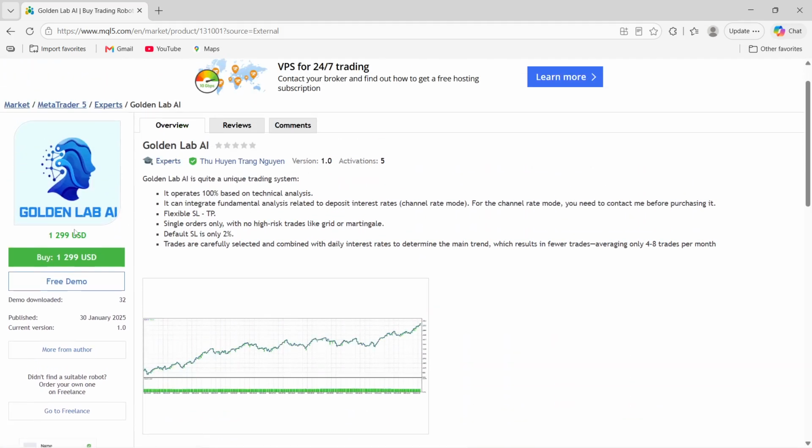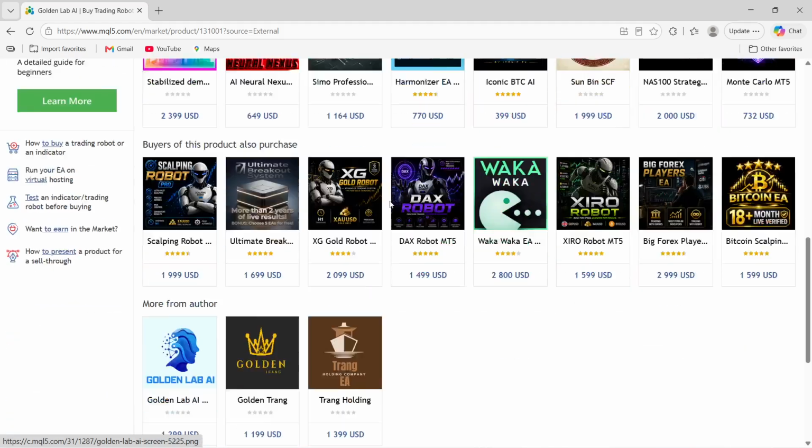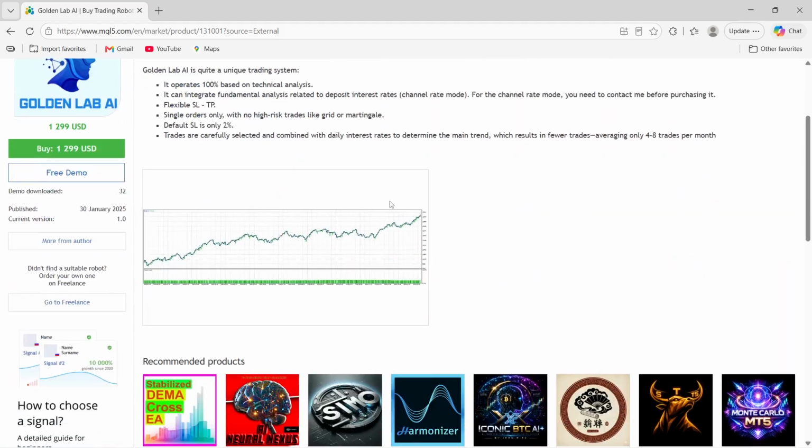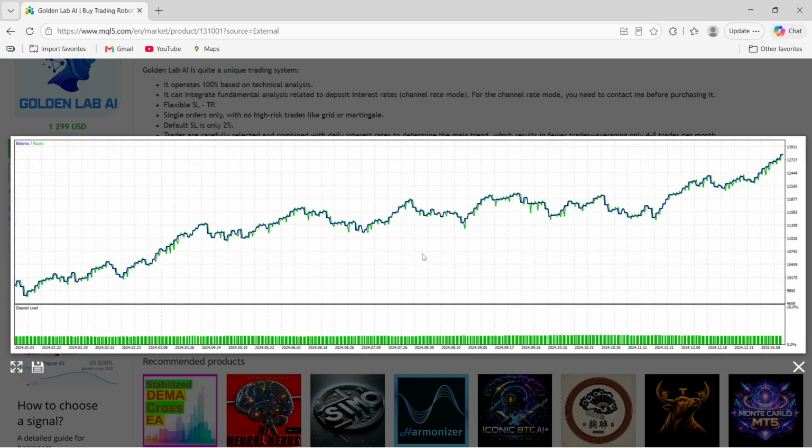Okay, you can see the EA is sold for 1,299 US dollars. So that's basically the info we have here on the MQL5 page. We're also provided with a screenshot. Let's take a look. Okay, so we have an equity curve for its performance. You can see how it moves, not really a straight line up, showing that it's also struggled at some points with periods of drawdowns, such as here, here, and here as well.